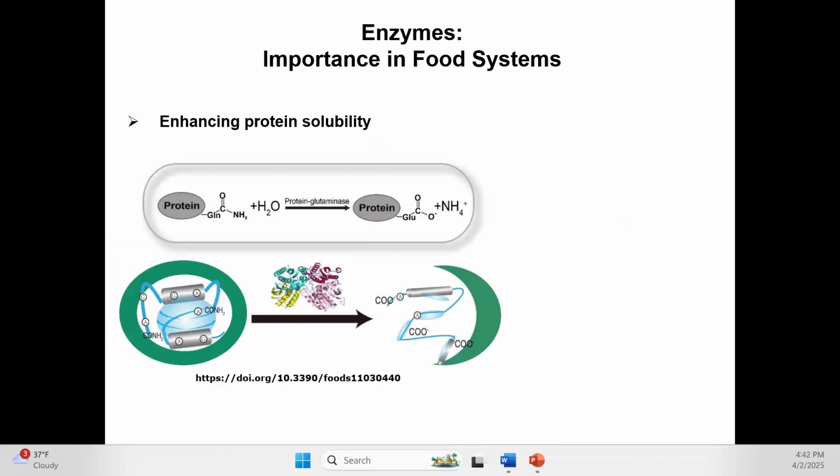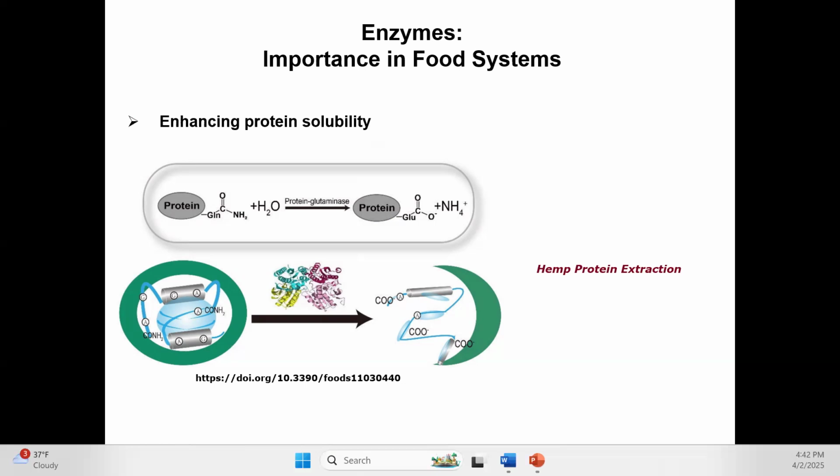For enhancing solubility, we use not transglutaminase, we use glutaminase in our lab to help extract proteins from matrices where the protein is not soluble, like hemp, for example. Hemp protein is not soluble. Glutaminase, in this case, doesn't form polymers. It's actually a hydrolase.